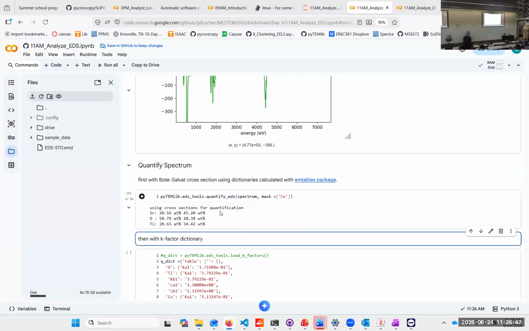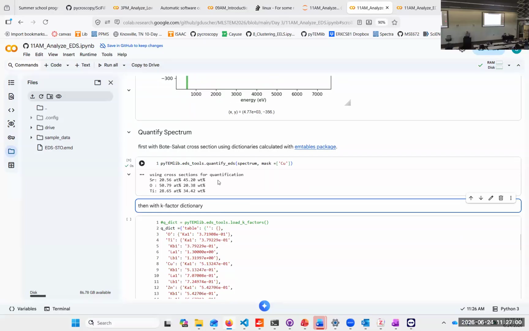And then we quantify that standardless, with calculated K-factors. The K-factors, okay, now I realize that I have not introduced the K-factors, which we will do in a moment.